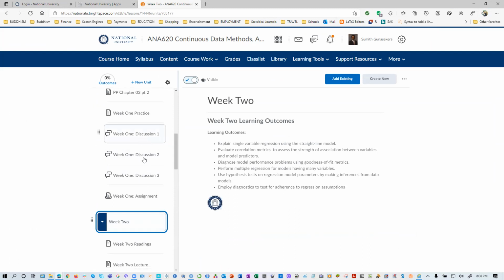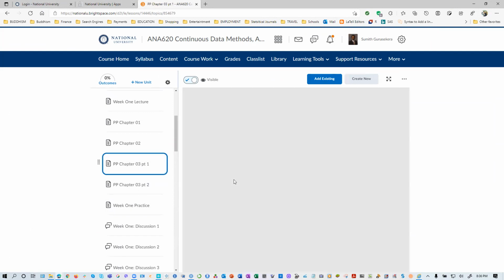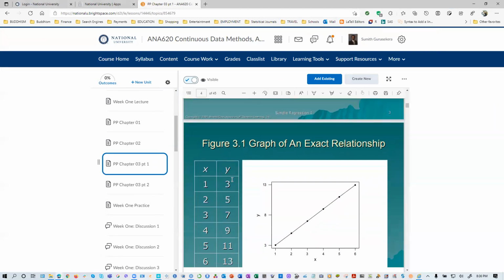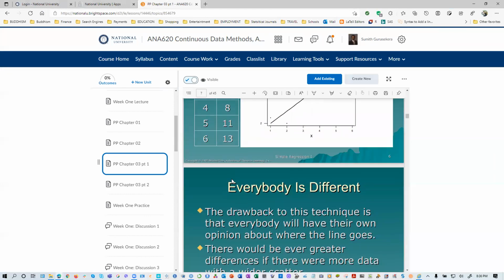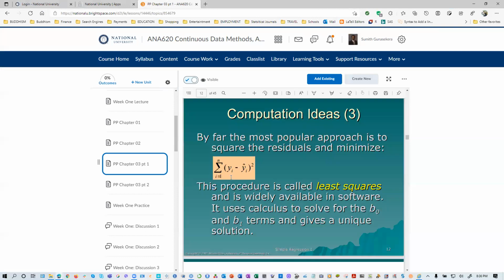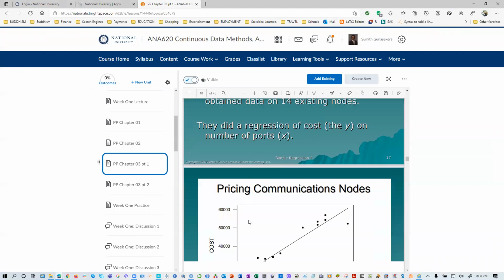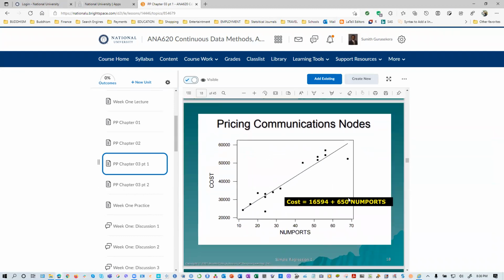A little bit of discussion. This one I think should be somewhere here. It's going to start for the first time here. There you go. See, this scatter plot is the cost versus the number of ports.